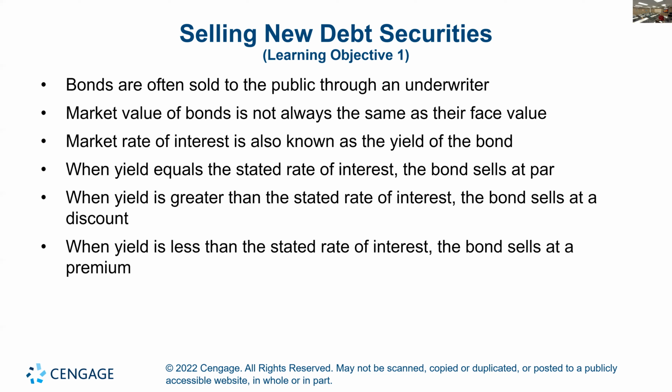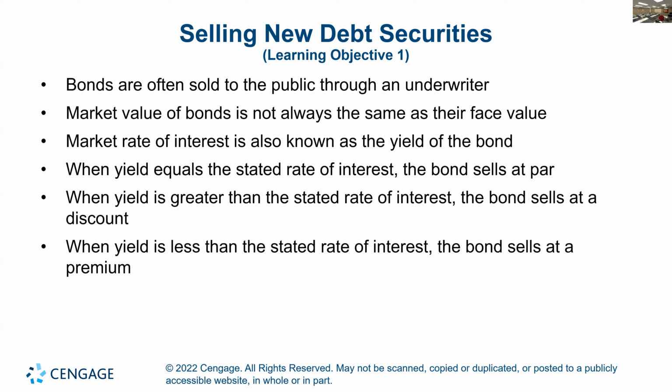When the market rate is greater than what we state we're going to pay, think of it this way: if the market's giving more interest than our bonds, is anybody going to want to buy our bonds? No, they're not. So we're going to have to offer them at a discount. We're going to receive less cash than the face value.